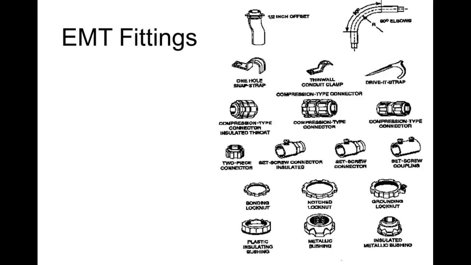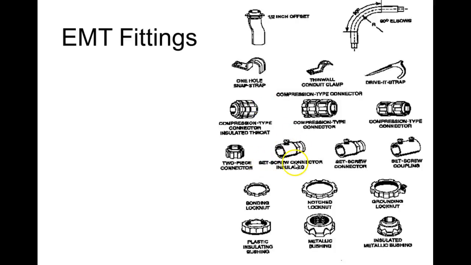EMT fittings, we'll look at some of these. So this is what we do to join the thin wall together. We have straps that we use to actually secure it. We have compression type connectors where we don't have to screw down on the side. We twist these together, and they actually compress as you screw them together.